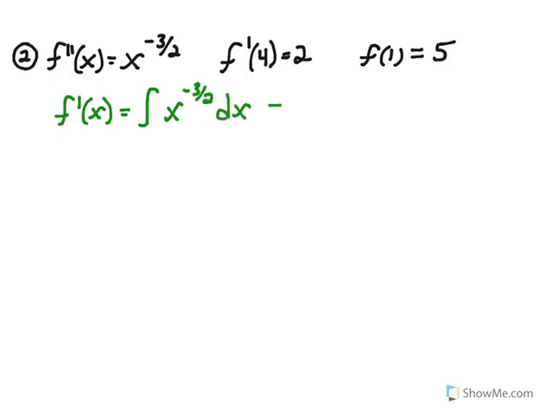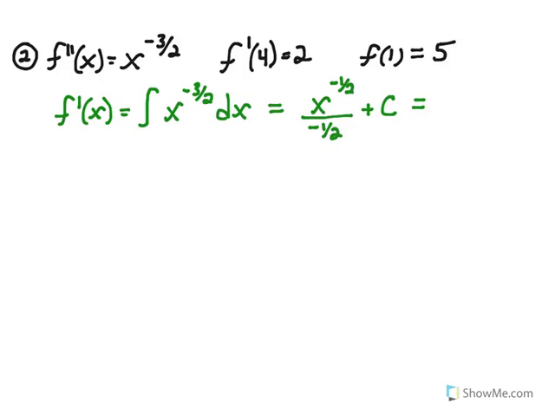So if I apply the power rule for antiderivatives, I'm going to add 1 to the exponent to get to negative 1/2, and then I have to divide by that new exponent, negative 1/2. But we all know that dividing by a fraction is the same as multiplying by its reciprocal.